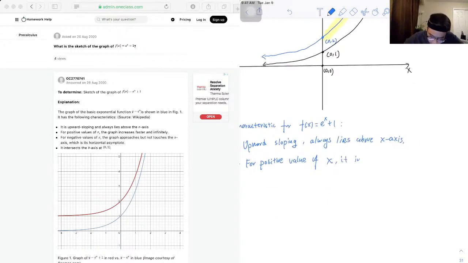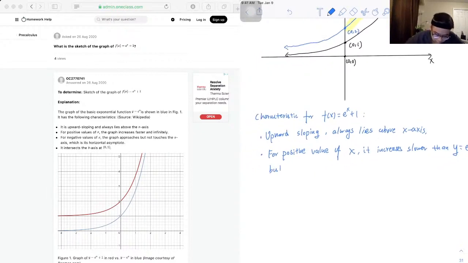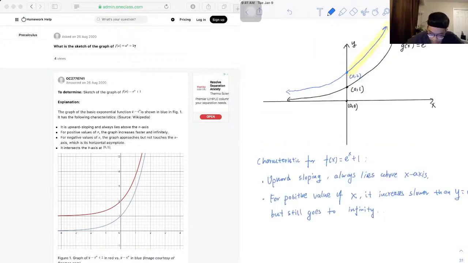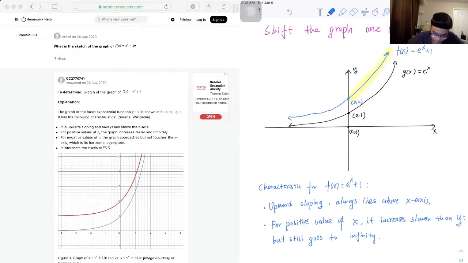It increases slower than y is equal to e^x, but still goes to infinity. Right, so still goes to infinity.